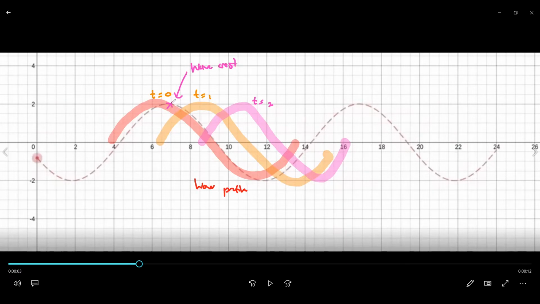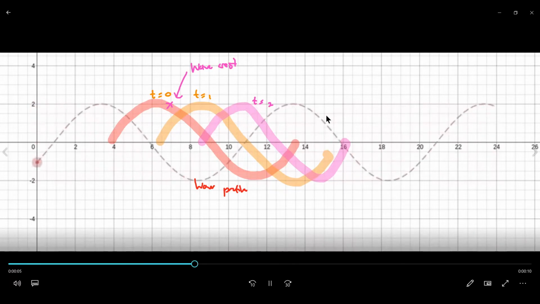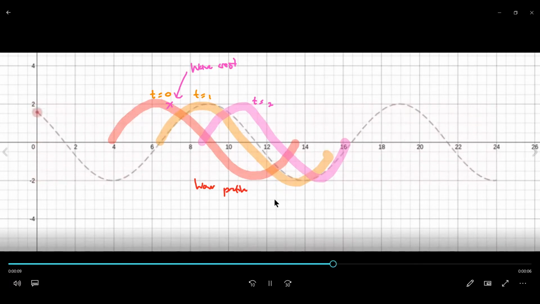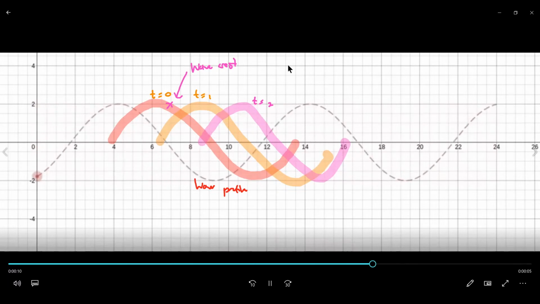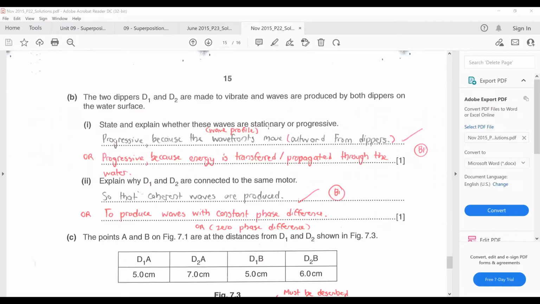Notice that this same wave crest, as the wave profile moves, the crest is also moving along with it. All right, the crest is moving along. So over here in the question, they ask you to state and explain whether the waves are stationary or progressive. You should just say it's progressive because the wave fronts are moving outwards from the dipper. All right.